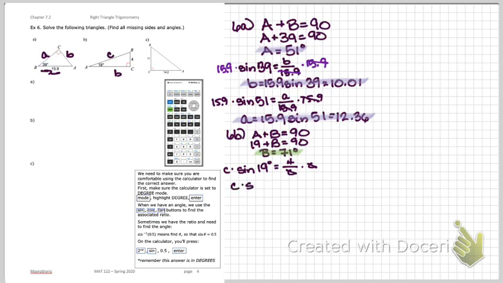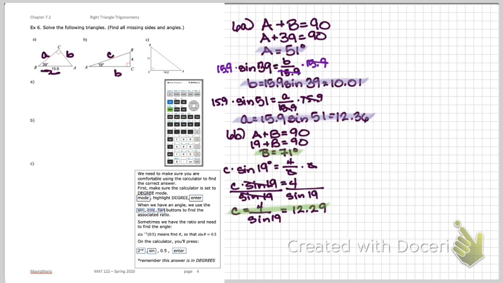I get c times the sine of 19 equals 4. I need to solve for c, so I need to divide by the sine of 19 on both sides. It looks a little funky. Sine of 19 is just a number. I get c equals 4 over the sine of 19. When we take that to two places, we get 12.29. And so there is our hypotenuse.